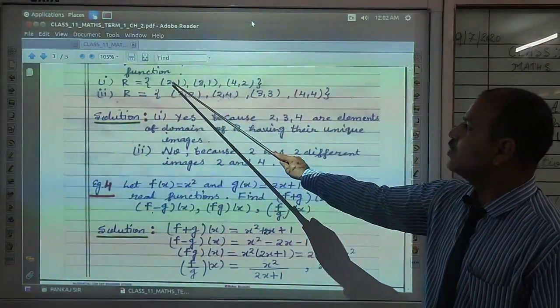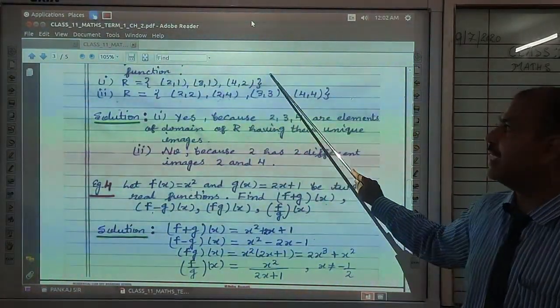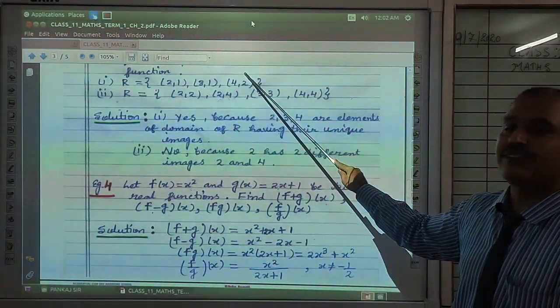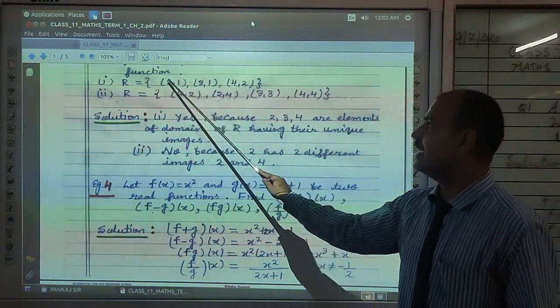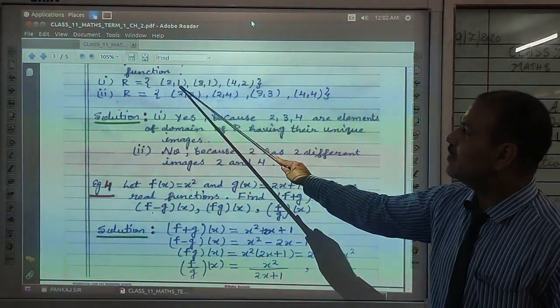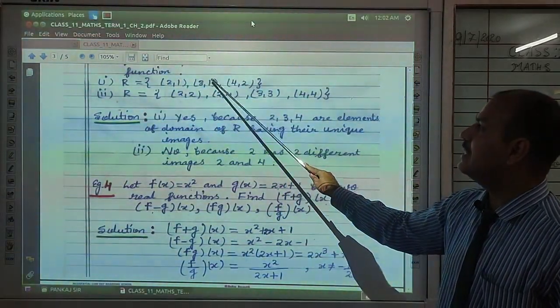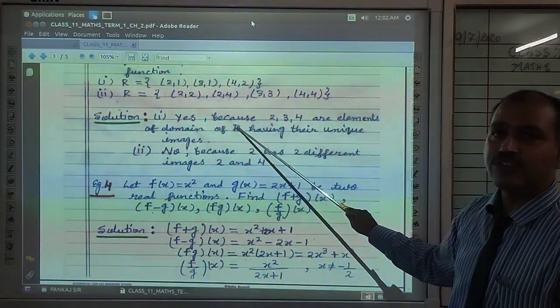R is equal to {(2, 1), (3, 1), (4, 2)}. We have to check whether this is a function or not. Yes, it is a function because every element of set A has a unique image. The image of 2 is 1, the image of 3 is 1, the image of 4 is 2. Therefore, this is a function.